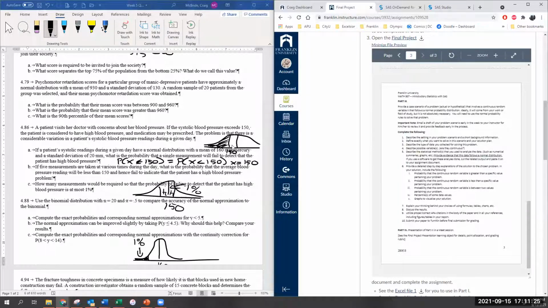And then providing evidence that this data follows a normal distribution. I would ignore that unless you have real data, which none of you have. So, you know, again, if I created this, there would be a lot of changes, because you can't really provide evidence. So maybe discuss how you could provide evidence would be a better way. It would be nice if you guys remember the techniques that we could use to determine if something has a normal distribution or not.